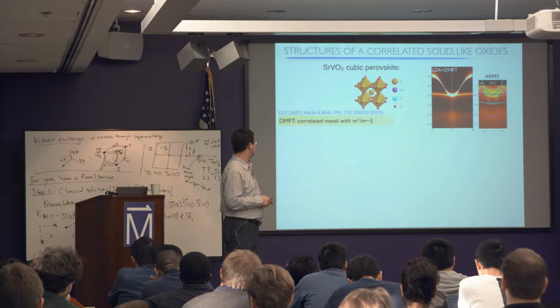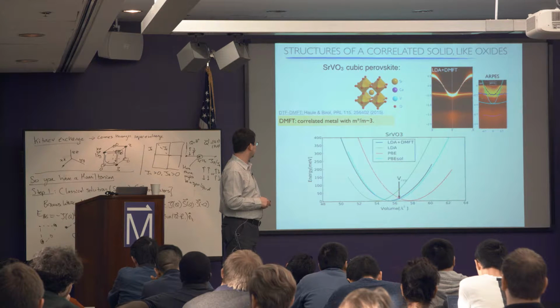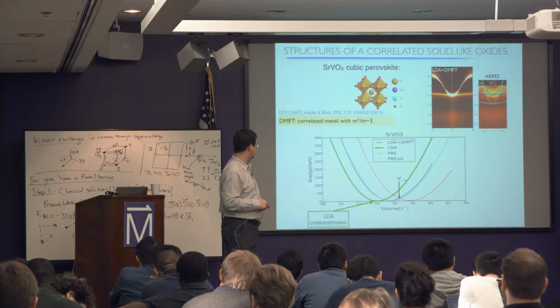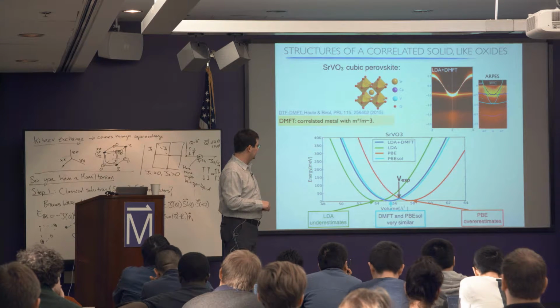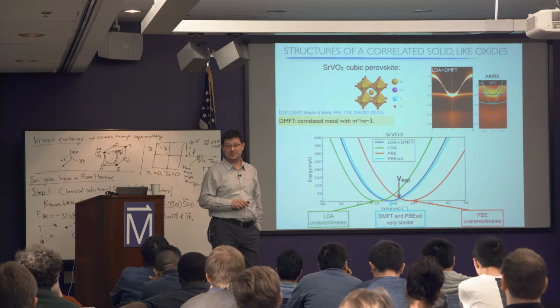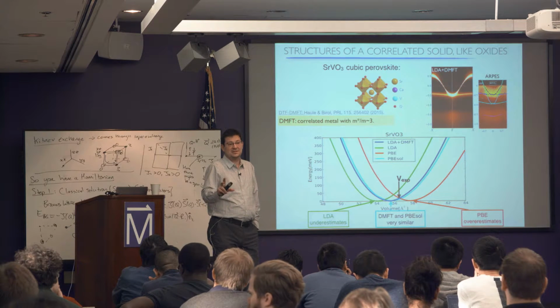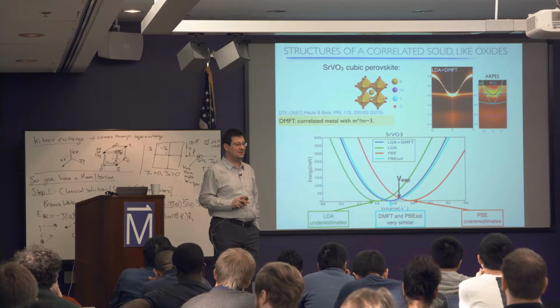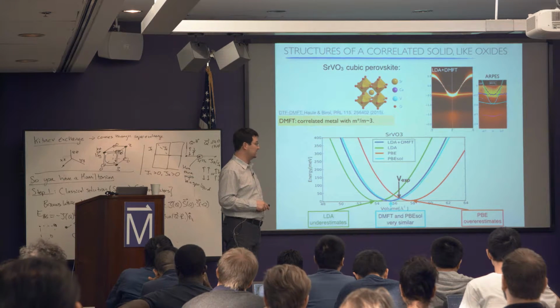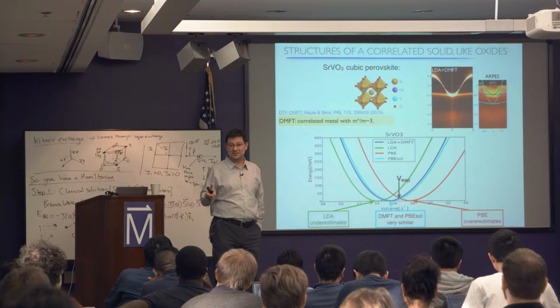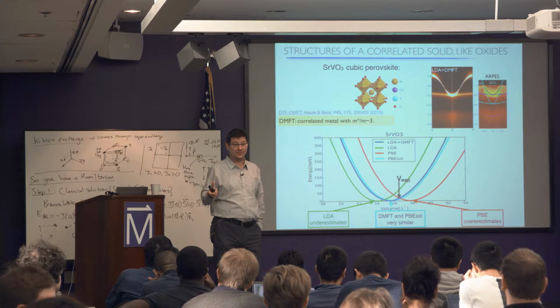So the spectra look much better, a correlated metal. And when you look at the structure, LDA underestimates, PBE overestimates, and then DMFT is almost on top of PBEsol. So I would say this is as good as the best DFT functional that we can get. So we are not making it worse in correlated solids, correlated electrons.